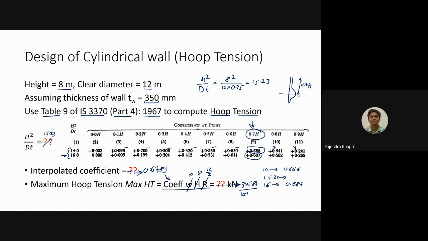Okay, so now see, this particular wall has a height of 8 meters. So what is going to happen: if we know the value of AST for the maximum hoop tension, we cannot provide the same AST value throughout its height, because the height is too much, your structure will be oversafe, and it is going to cost us as far as the steel is concerned.